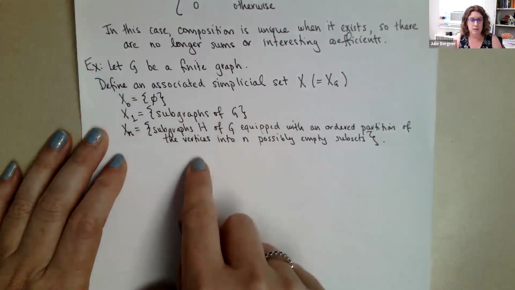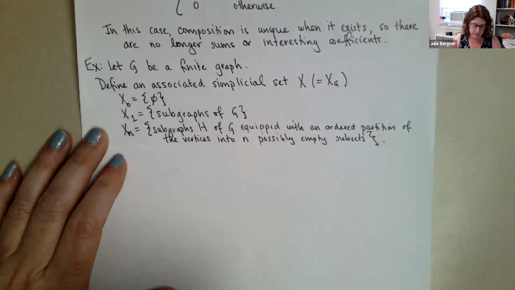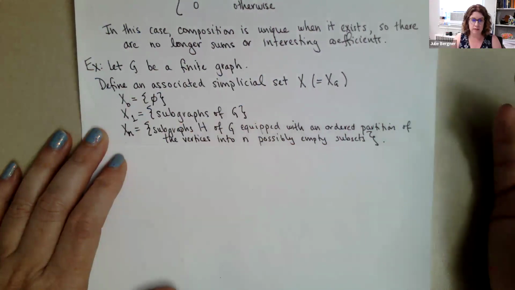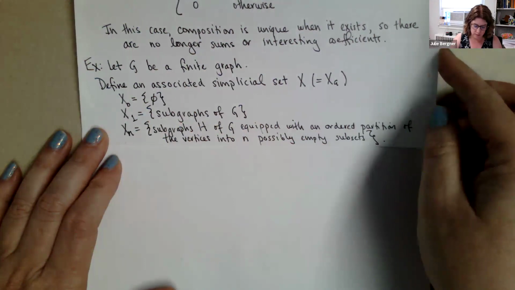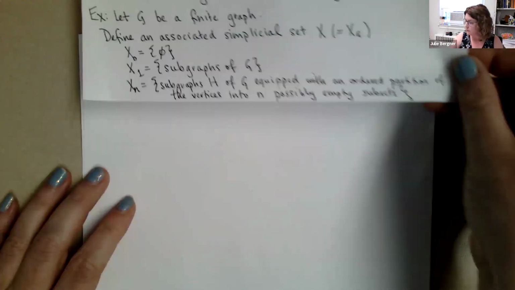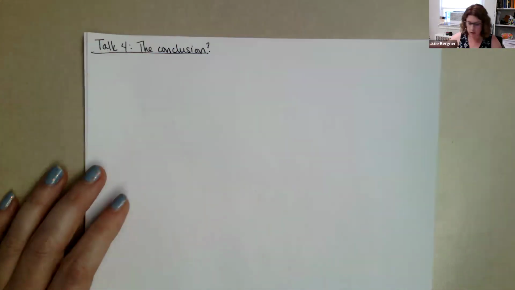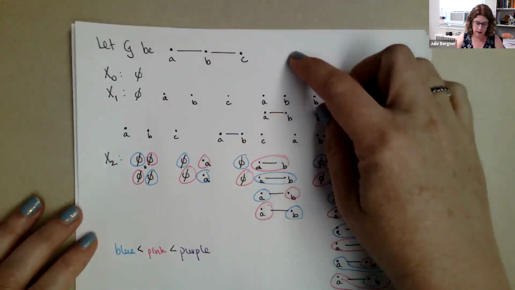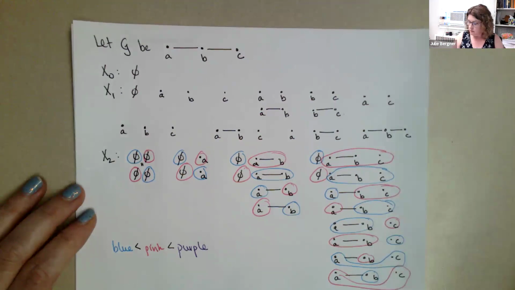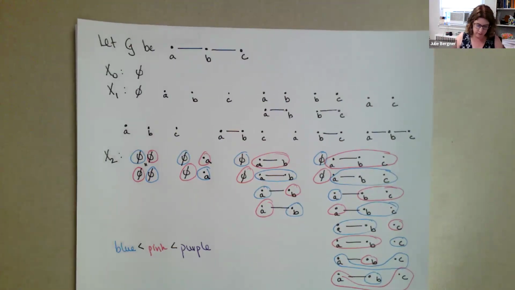One simplices are given by the subgraphs, and then in general n simplices are given by subgraphs equipped with an ordered partition of the vertices, where the number of sets in the partition is given by n. Then I gave an example with a graph with a string of 3 vertices and 2 edges.